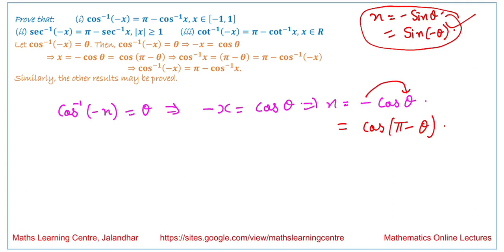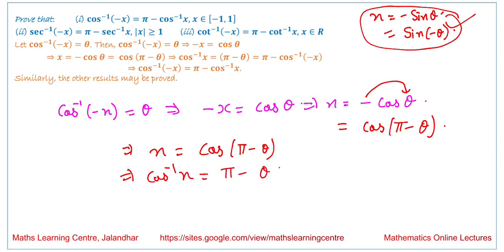So what we get from this is that x we are talking about is equal to cos of pi minus theta. So this implies that cos inverse of x is equal to pi minus theta. Now in place of theta, we are substituting this value over here, it is cos inverse of minus x.